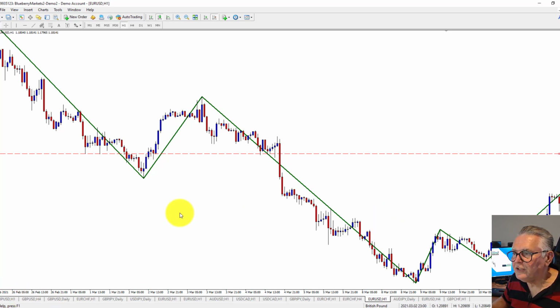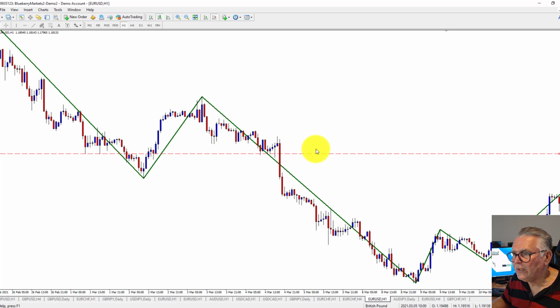So that's why I check the time. That's another confirmation: if you see a signal and it's in the hot time, so the first 2 or 3 hours of the UK open and the first 2 or 3 hours of the US open, then that signal is confirmed even more.